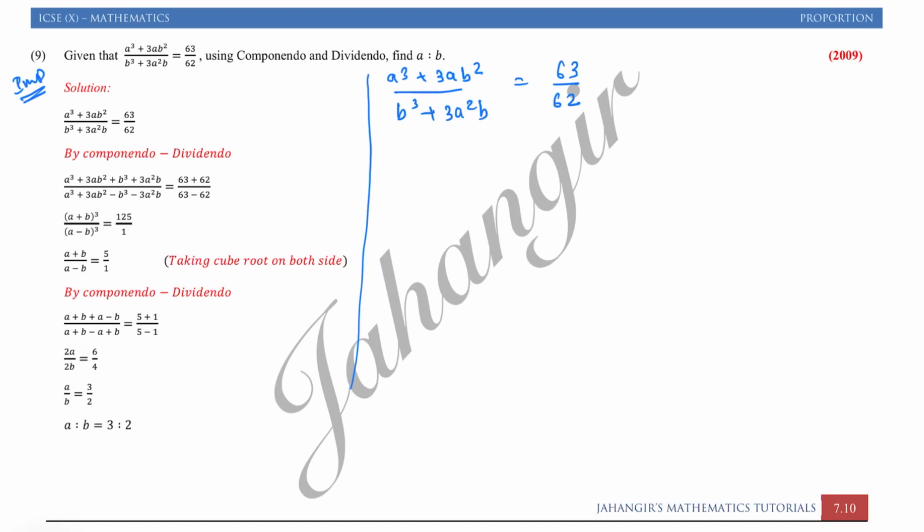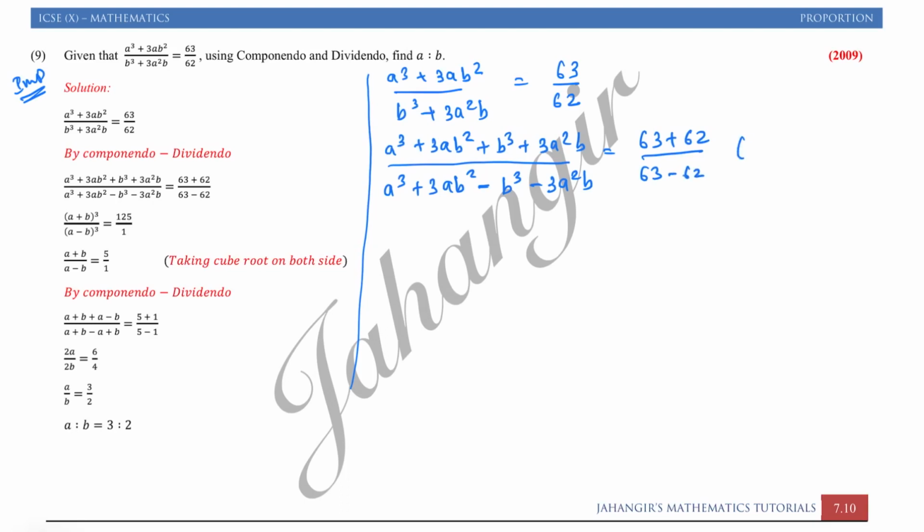So here if you take componendo dividendo directly, what I am getting is (a cube plus 3ab square plus b cube plus 3a square b) upon (a cube plus 3ab square minus b cube minus 3a square b) is equal to (63 plus 62) upon (63 minus 62).